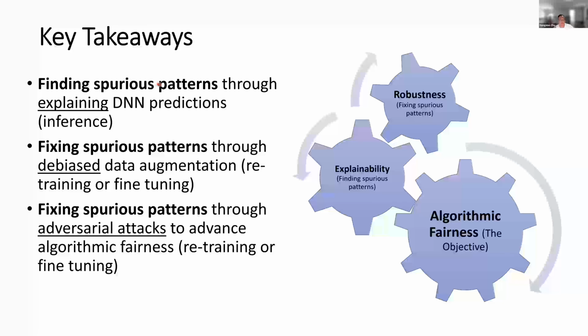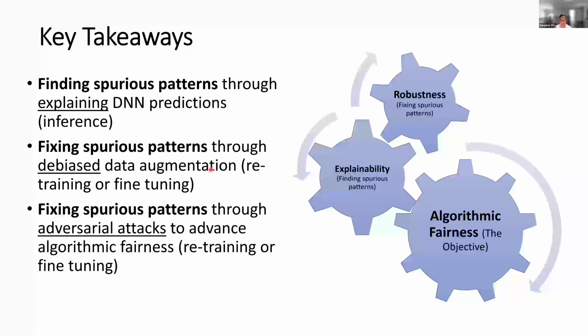So once we find the spurious pattern, we try to fix it. We have 2 different ways to fix it to ensure the algorithm fairness. The first way is through the data augmentation. This can be very effective in some domains, but not quite in the healthcare domain because you have to generate synthetic data to augment the training set.